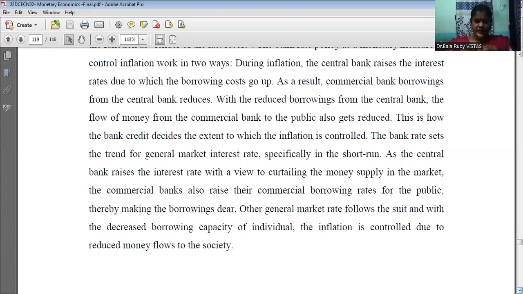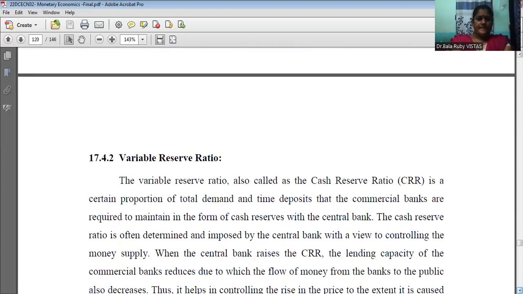Other general market rates follow suit with the decreased borrowing capacity of individuals. Inflation is controlled due to reduced money flows to society, right?